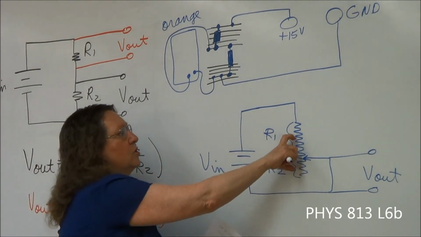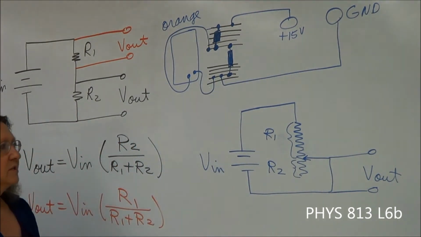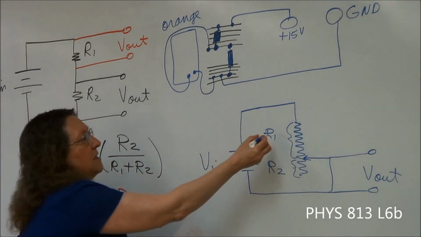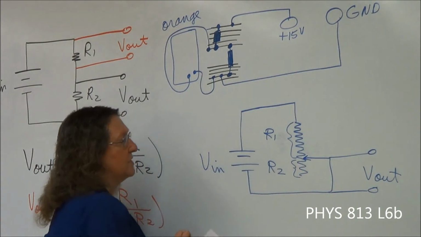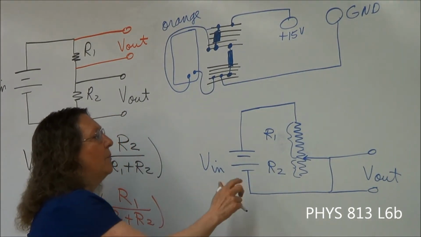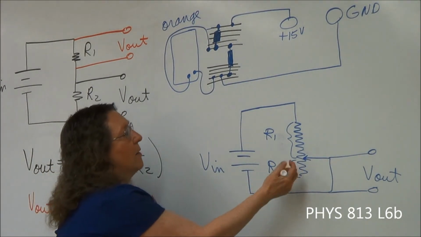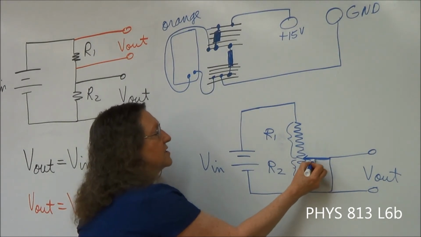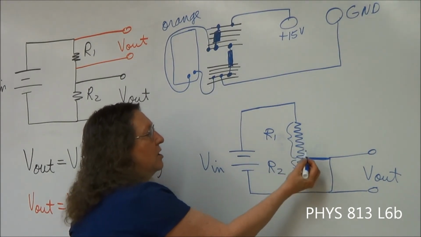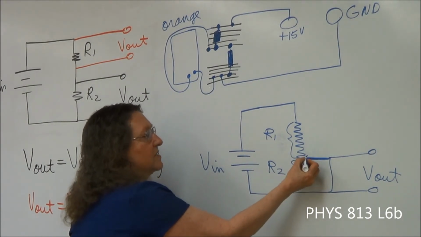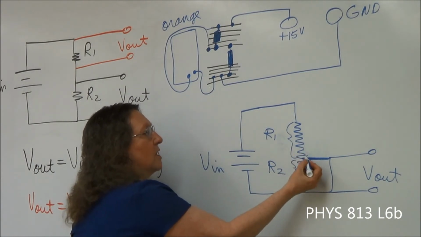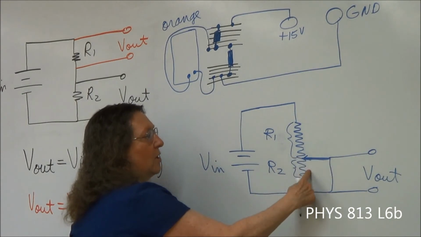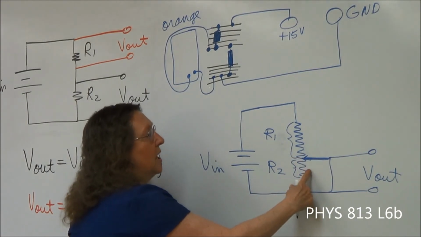And these are usually enclosed so that you can't actually see the resistor itself there. But as you turn a knob, this arrow, this contact point, moves. So it moves either up or down. And so if this were to move up, then R1 would get smaller and R2 would get larger.